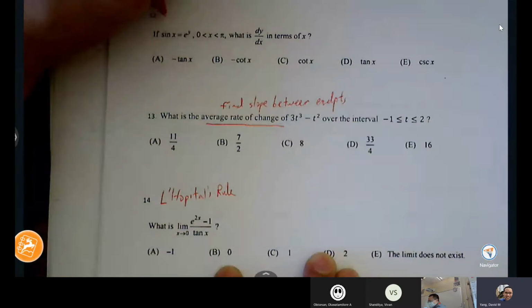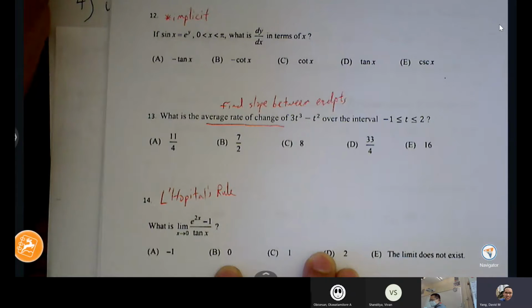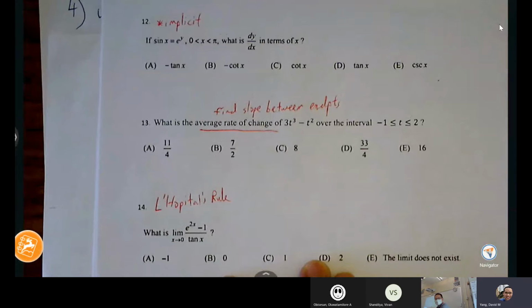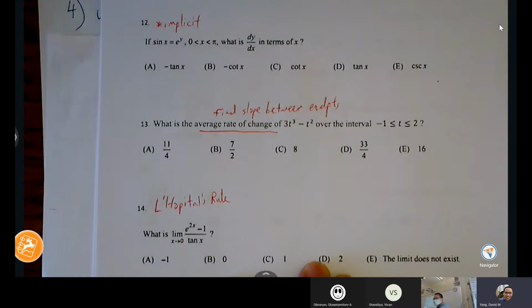I would say 12 is implicit. Okay. How does 12 through 14 look to you? You guys good? Move on.